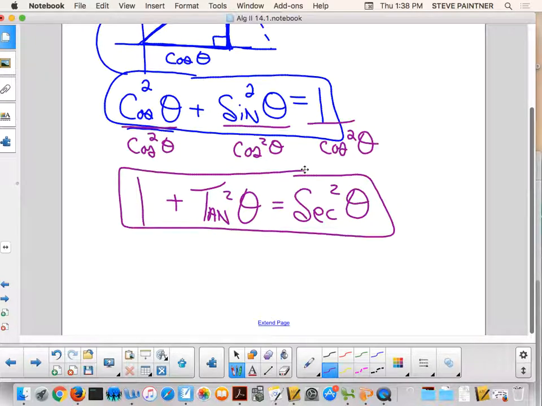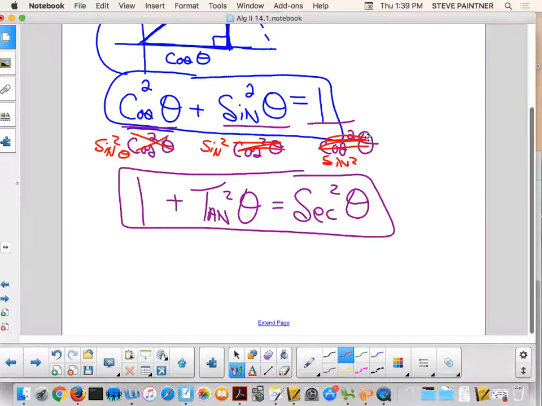Okay, now I'm not going to prove the third one, but in the third one, you know what they did? They divided everything by sine squared instead of cosine squared. So if you divide everything by sine squared, what do you get now? What's cosine over sine? Look at your front page.